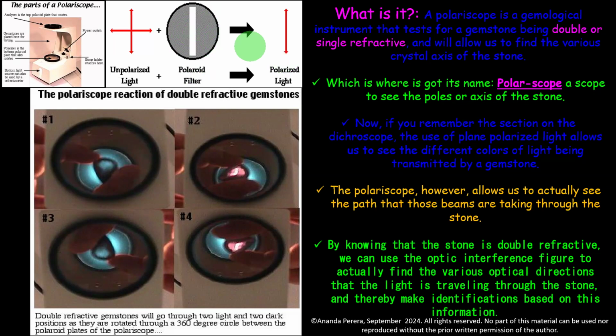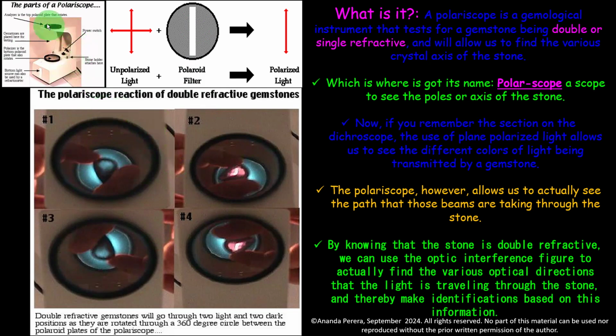For example, spinel is single refractive and taaffeite is double refractive, but a lot of people cannot understand the difference there. I need this diagram to explain. This is the polariscope, the apparatus, but we don't need this. We can use the double card.